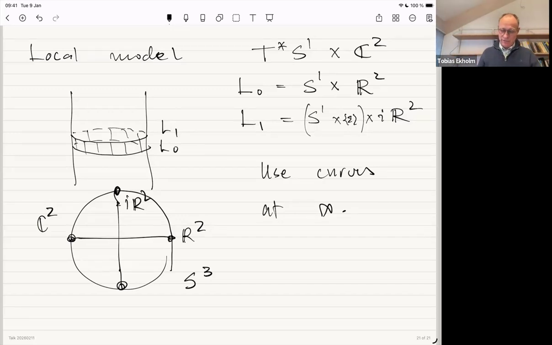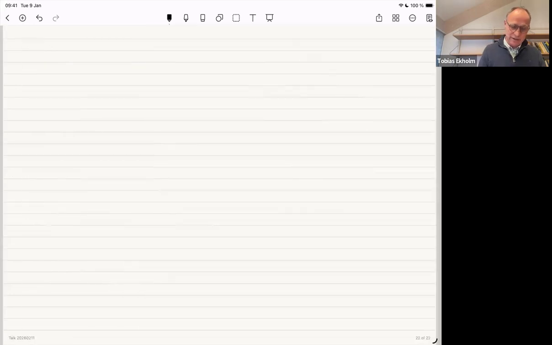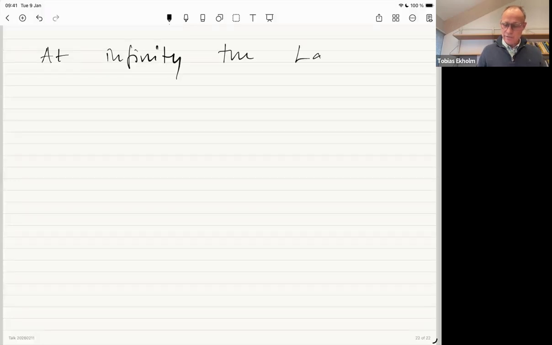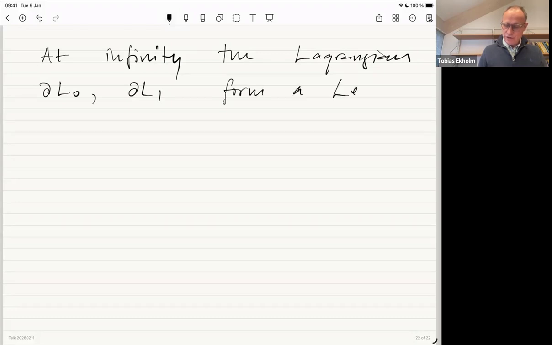So at infinity, the Lagrangians ∂L0, ∂L1 form a Legendrian Hopf link times S1.